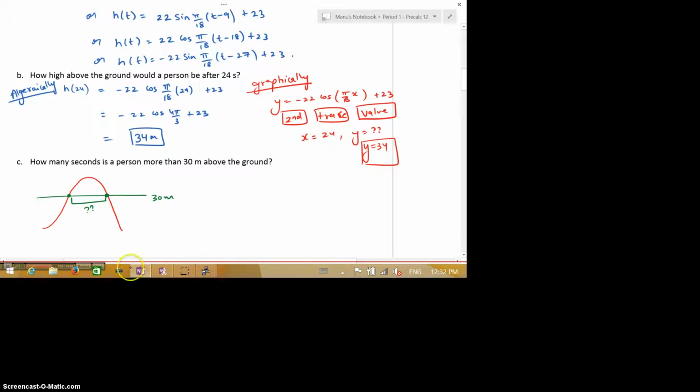So we're trying to find what the T1, 30 is, and what the T2, 30 is. And then to figure out the time above 30 meters, we're going to go T2 subtract T1. That's how long the person was above 30 meters for.